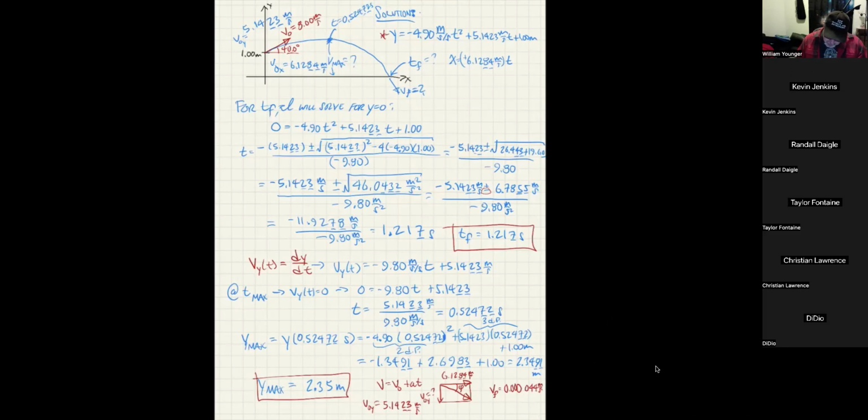So you can say that basically V final, at least to the proper number of sig figs, is essentially 6.13 meters per second. And it's slightly below horizontal. In other words, because the kid didn't throw it that fast, it was really a low angle. So any questions on that one?